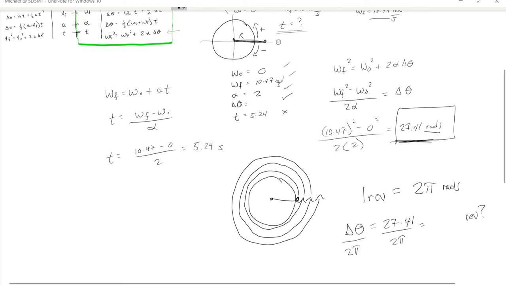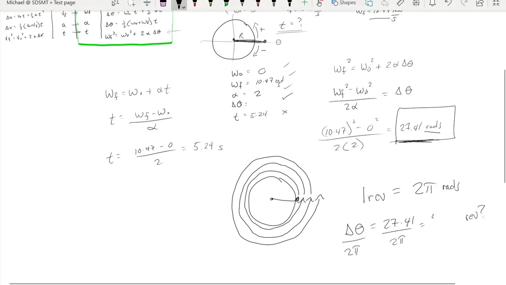I've got a new calculator function here. I have to find the pi term on here. There it is. 2 and pi. Here we go.